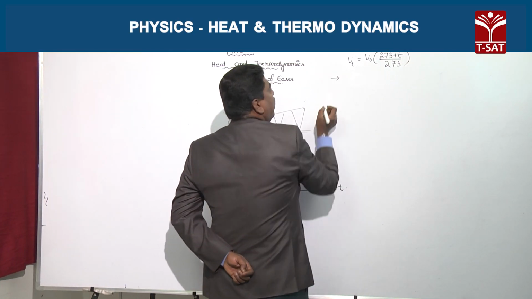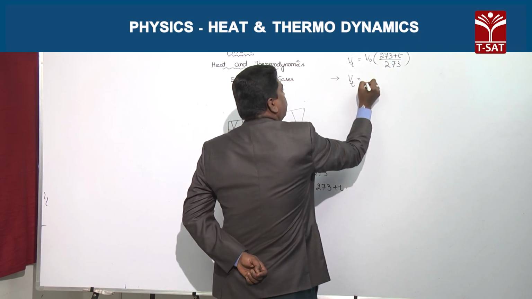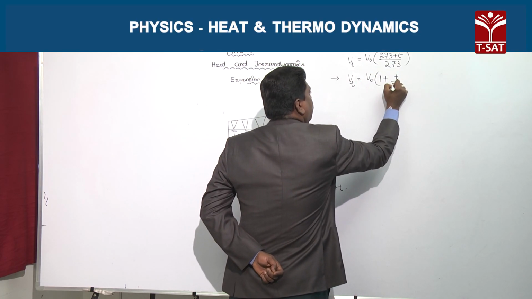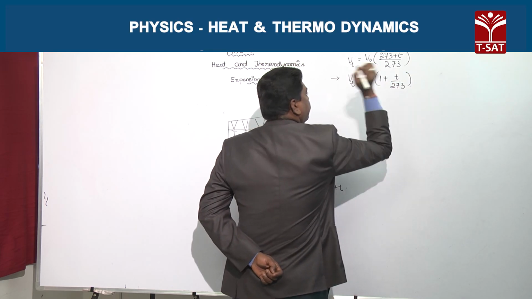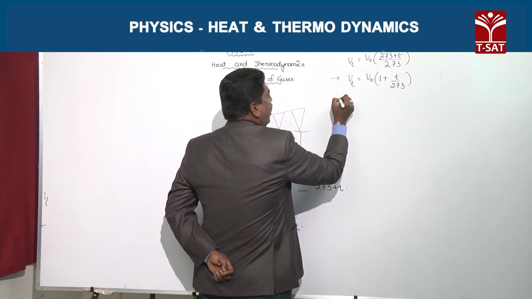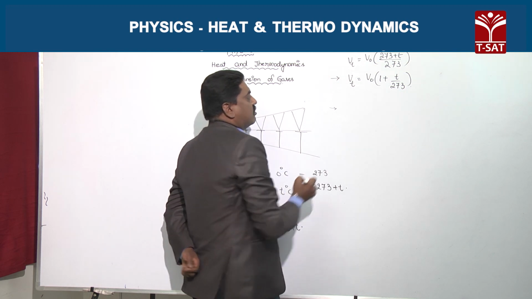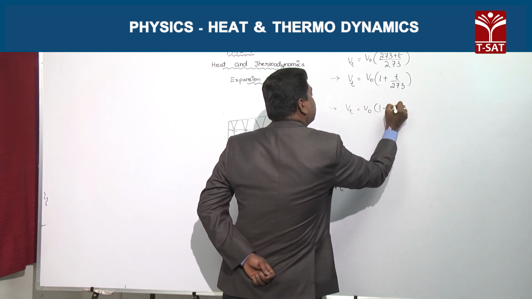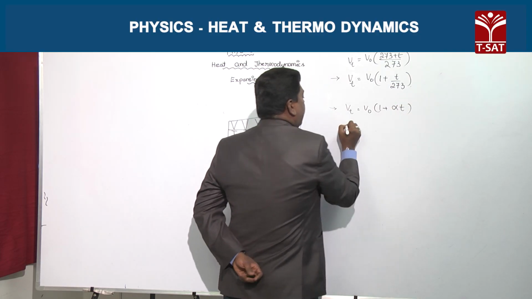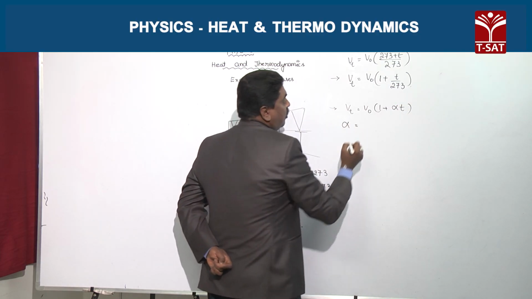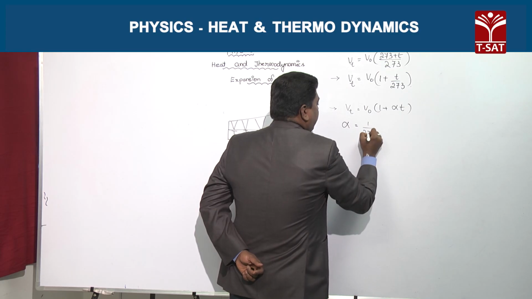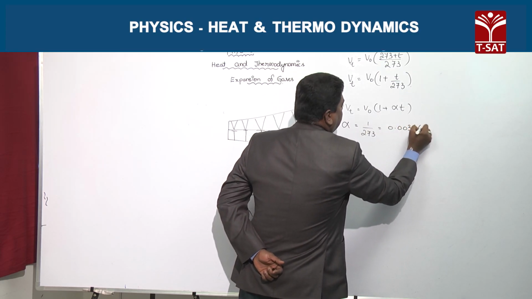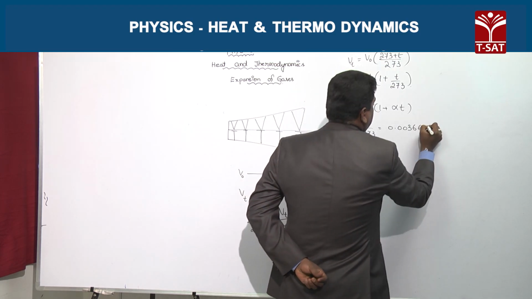This can also be written as Vt equals V0 into 1 plus T by 273, from which I can obtain Vt equals V0 into 1 plus alpha into T, where alpha is given as 1 by 273, which is equal to 0.00366 per degree Celsius.